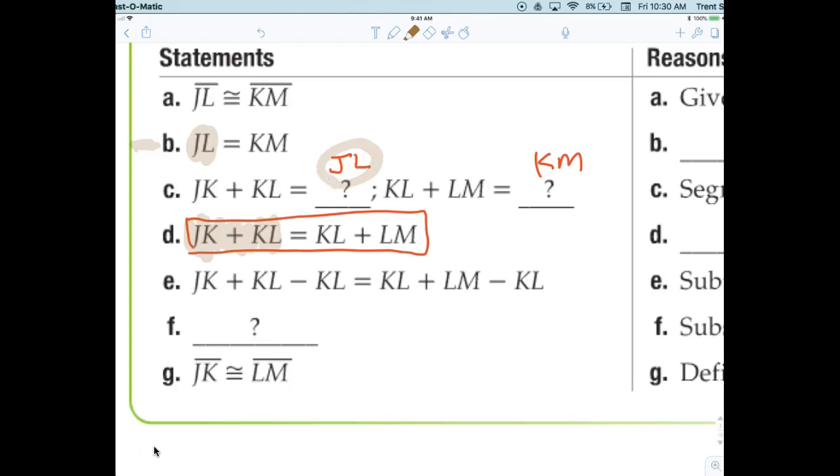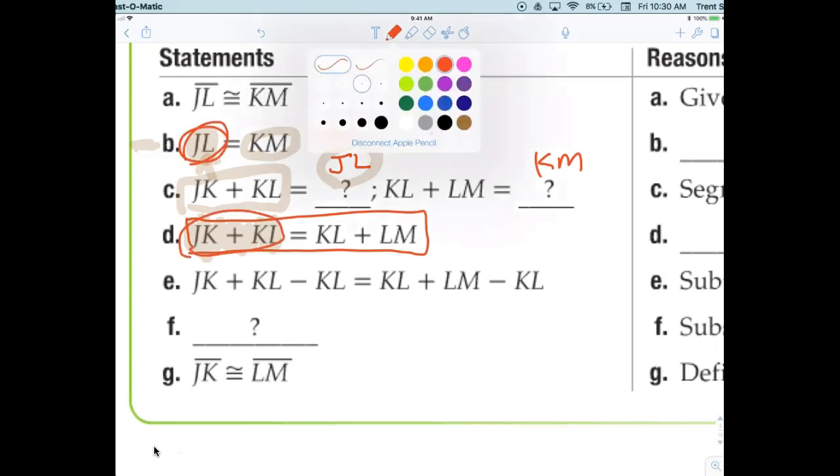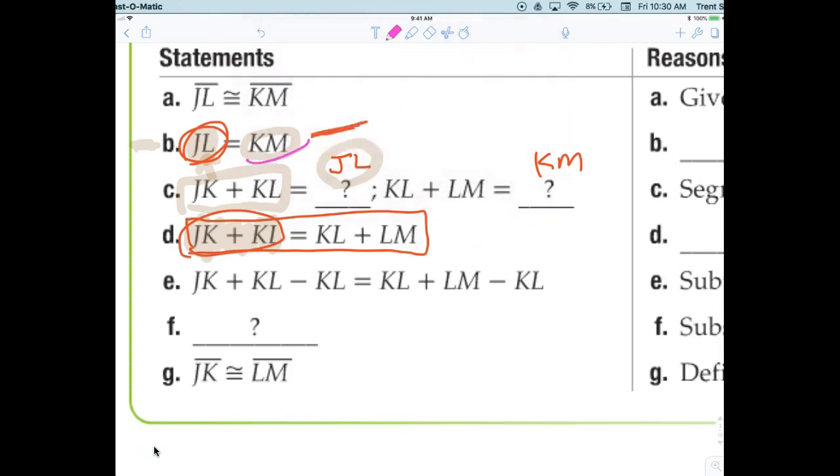I'm replacing JL with JK plus KL. I'm then replacing KM with what? Do you see that now better? I'm looking at part B and I'm replacing JL with this, and then I'm replacing KM with what KM is equal to. Does everybody agree with that now? Yes.